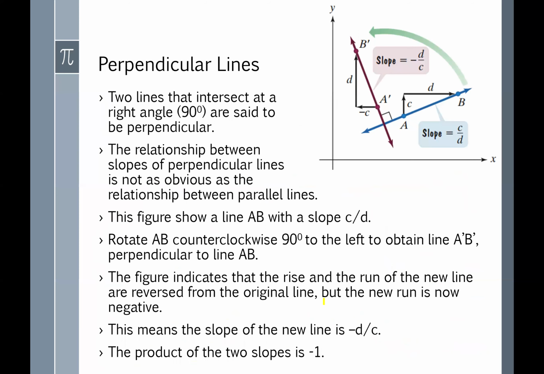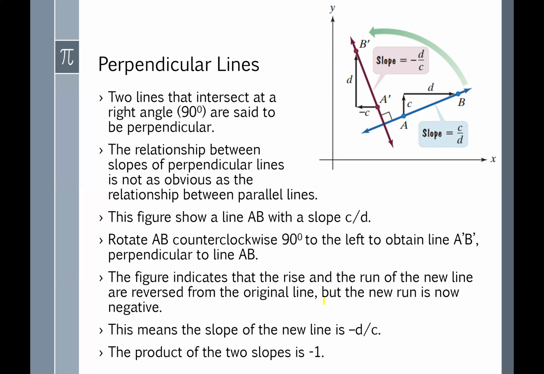Okay, what about perpendicular? Two lines that intersect at a right angle, 90 degrees, are perpendicular. So the relationship between the slopes of perpendicular lines is not as obvious as the relationship between parallel lines.